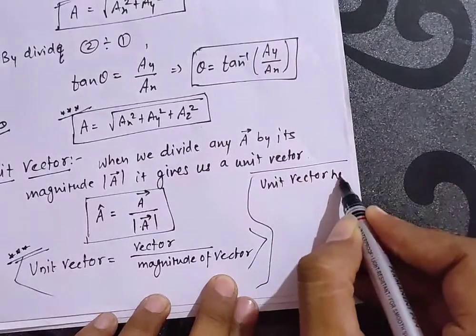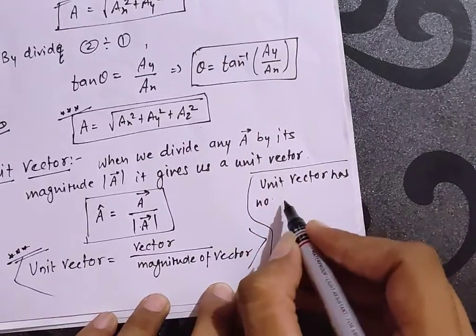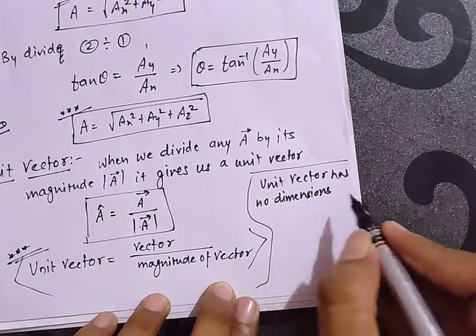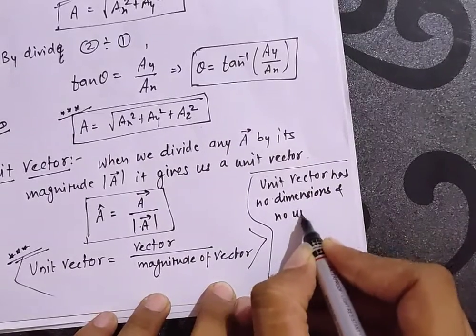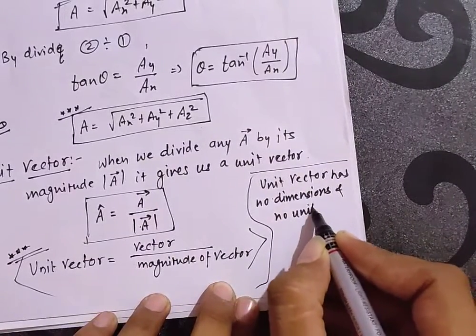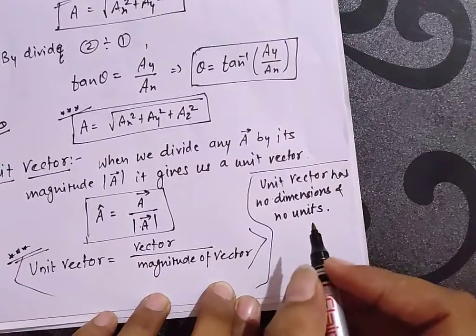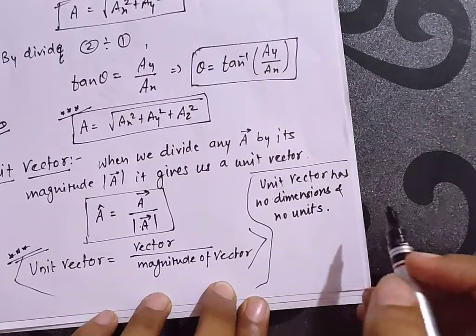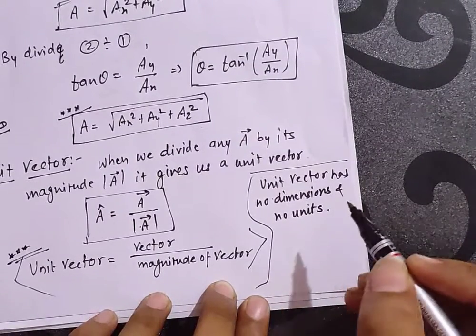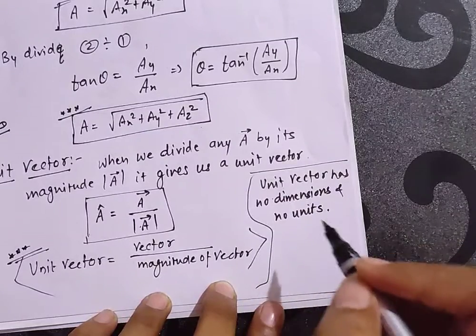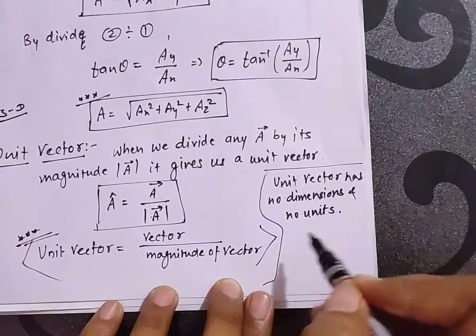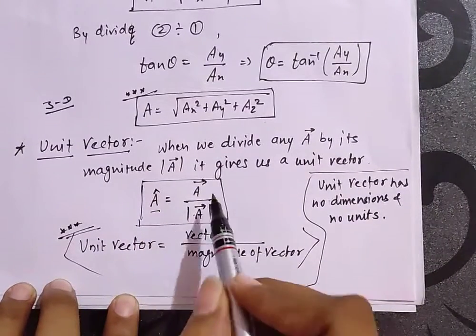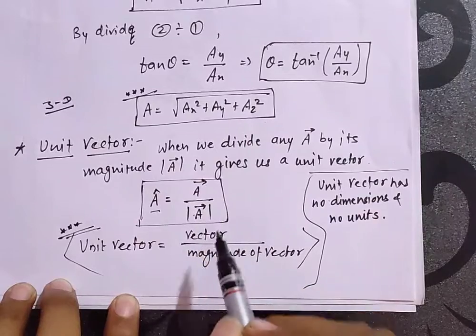Unit vector has no dimensions and no units, and a unit vector shows the orientation of the corresponding vector in space. So the unit vector is denoted by cap. A cap is equal to vector upon its magnitude.